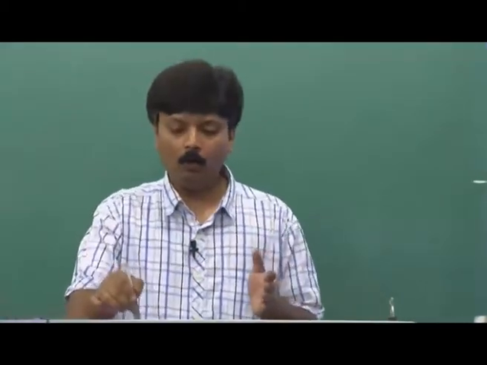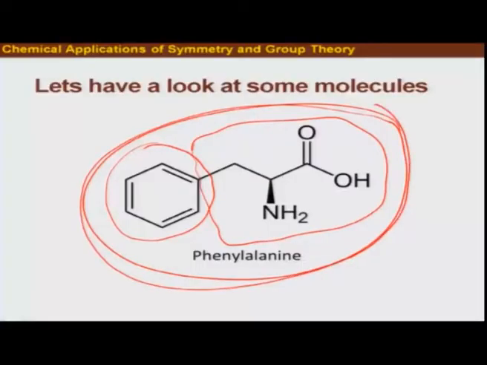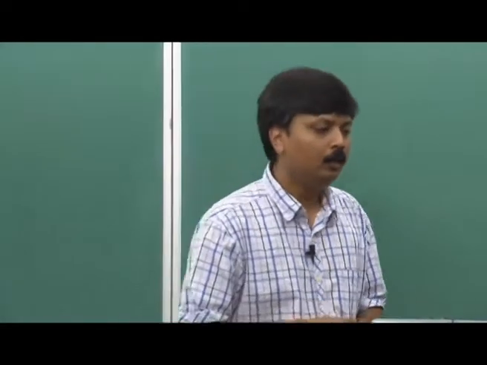But as a whole, when I talk about this phenylalanine, I have a molecular structure where you have this amine group projecting outside the plane of the molecule, and this C double bond O or OH, they are in the plane of the molecule. So, overall it does not seem to be a symmetric molecule, okay, which is obvious.